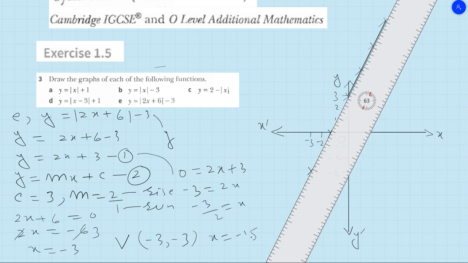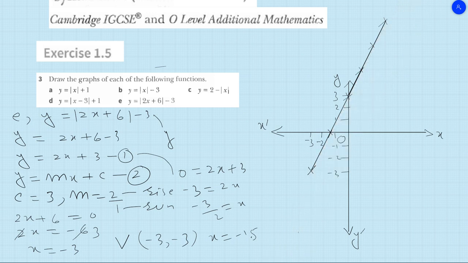Look at this. Here we go. We are successful in finding our vertex. Our vertex is (-3, -3). So this vertex is on our mirror line.